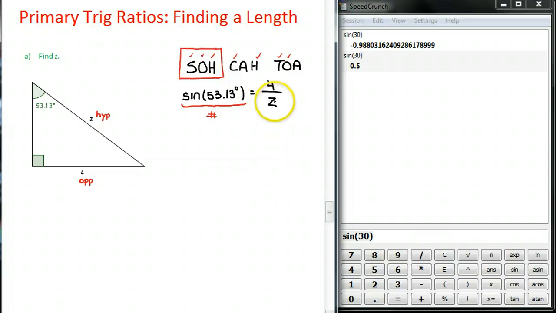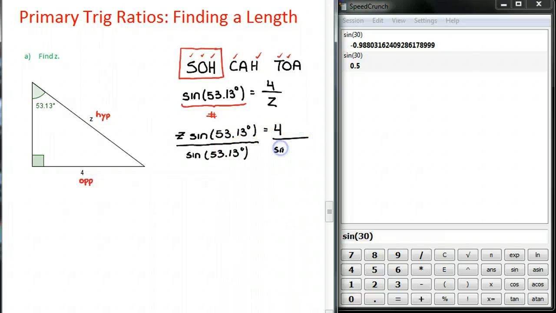So I have to get z by itself. The first thing I'm going to do is multiply both sides by z. So I'll get z times sine of 53.13 degrees equals 4. Then I'm going to get rid of sine of 53.13, so I'm going to divide both sides by sine of 53.13 degrees.